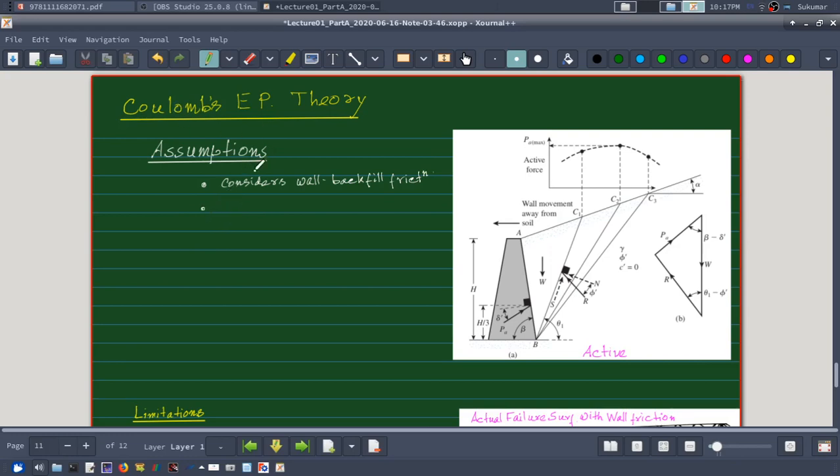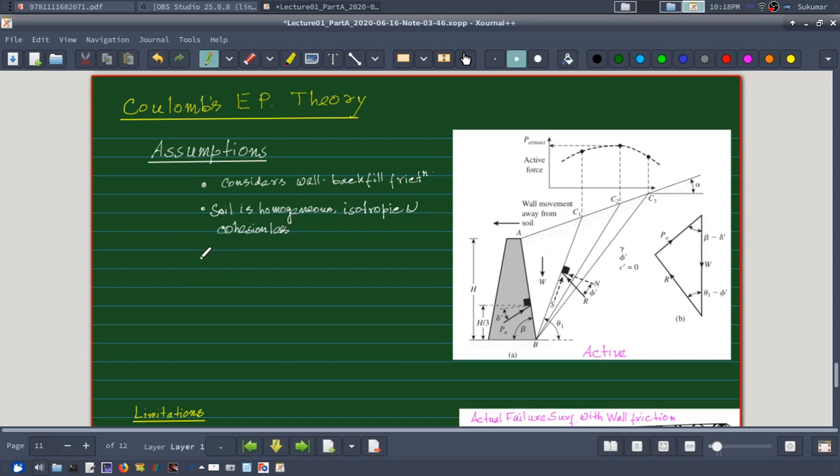Although Coulomb's theory can be extended to c-phi soil, but in the original assumptions he assumed soil is homogeneous, isotropic and cohesionless. Okay, that is another assumption.